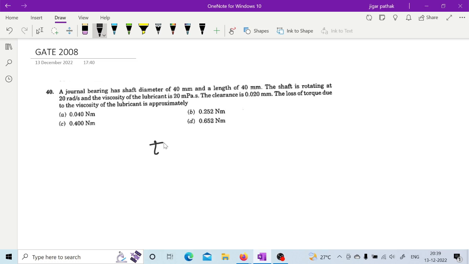So here you can start with calculating the torque, the tau, right? The stress can be calculated with mu v by c, because it is mu du by dy. Du is this velocity and dy is this clearance, right? So mu du by dy, so mu is given as again 20 into 10 raised to minus 3 Pascal second. V is r omega, right?